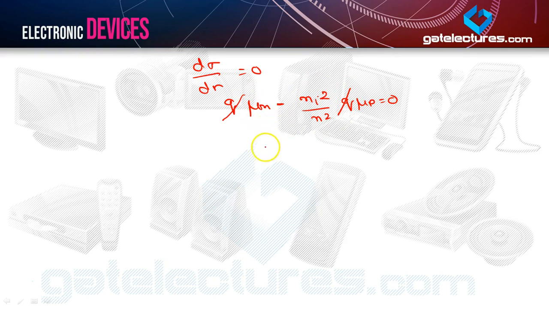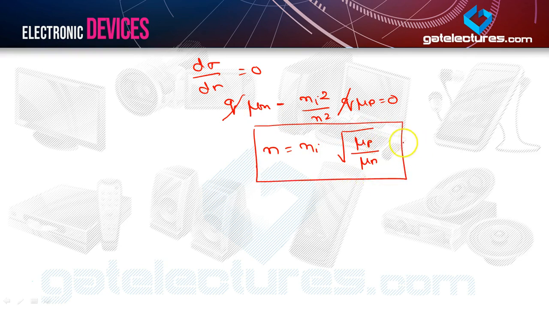When you solve, you get n as ni times square root of mu p by mu n. This is very important. This represents the concentration of electrons when the conductivity of a semiconductor is minimum.